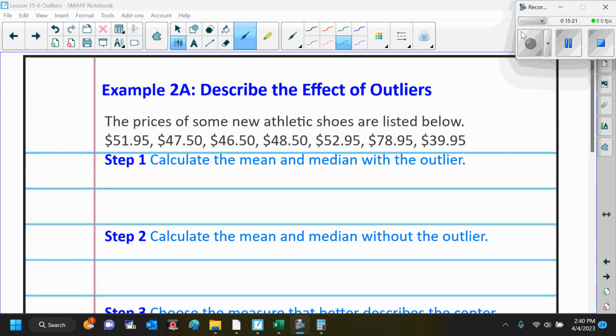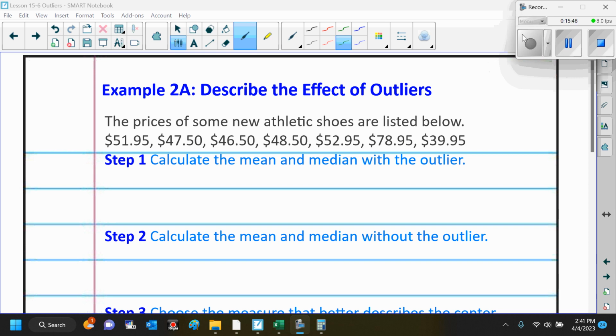So example 2a is to describe the effect of outliers. Here we have the prices of some new athletic shoes listed below. First thing we want to do when we're trying to describe the effects of the outliers is to calculate the mean and the median with the outlier. That's step one.